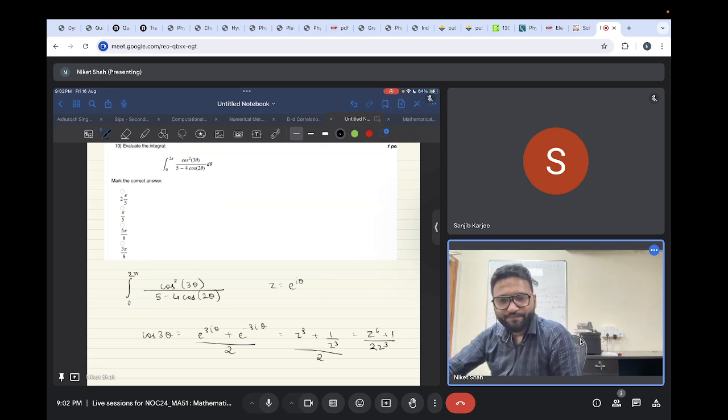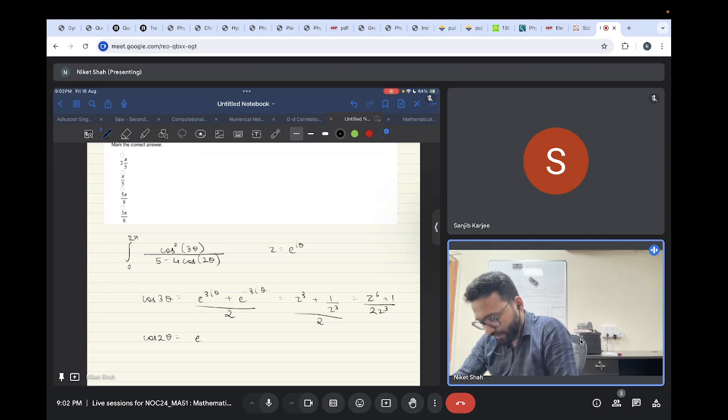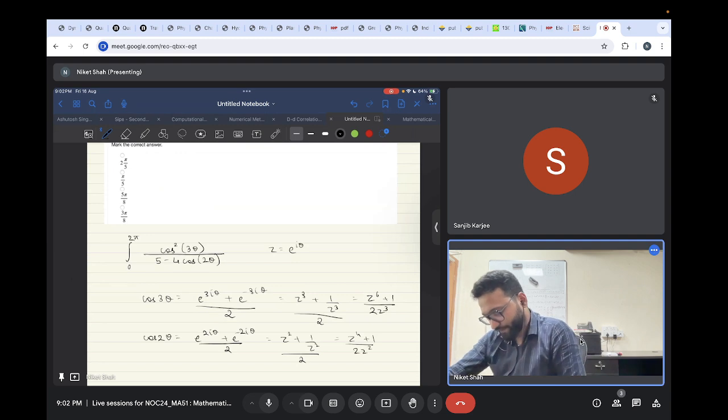Is this okay? Similarly, cos 2 theta is (e power 2i theta plus e power minus 2i theta) by 2, which is equal to (z square plus 1 by z square) by 2, which gives me (z power 4 plus 1) divided by 2 z square.